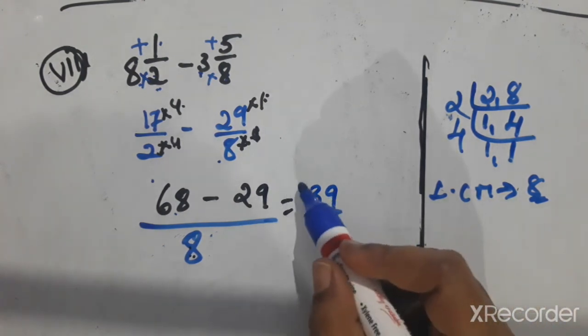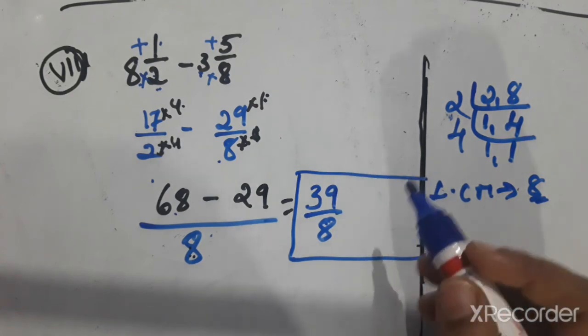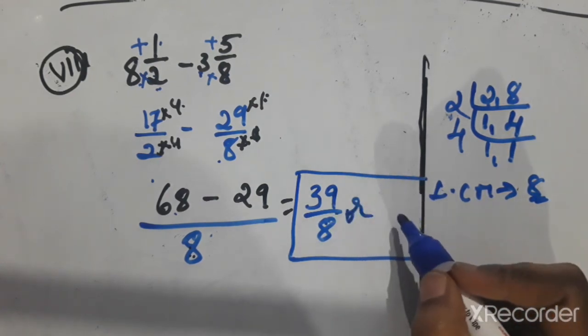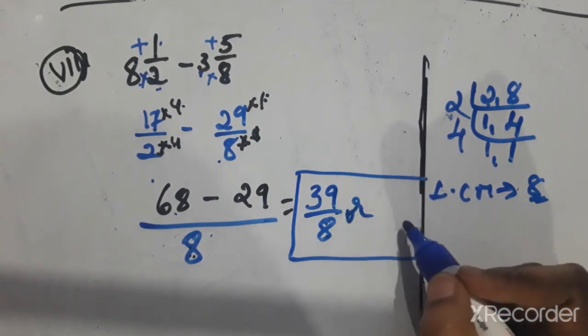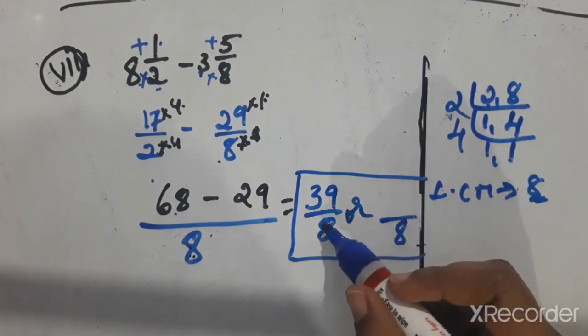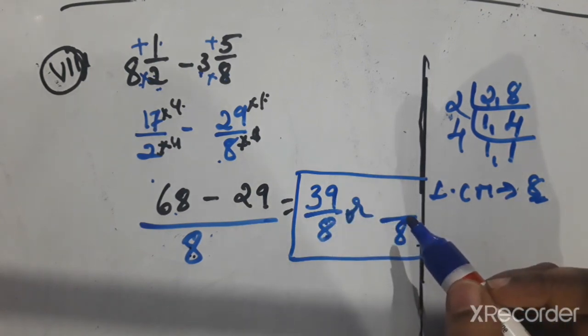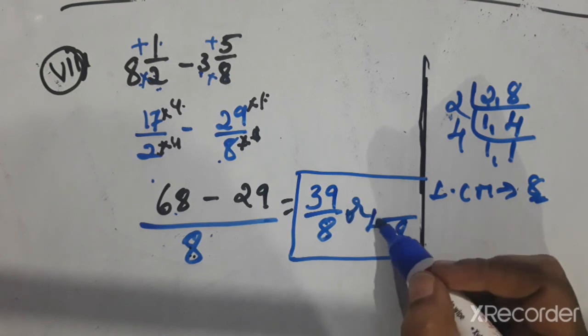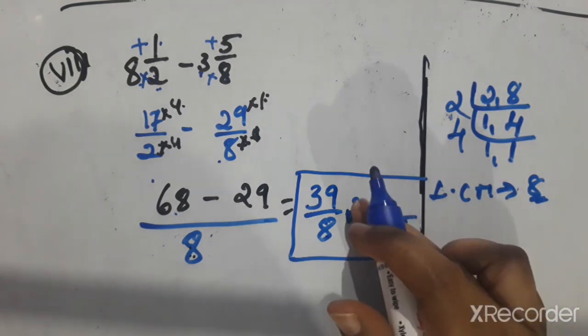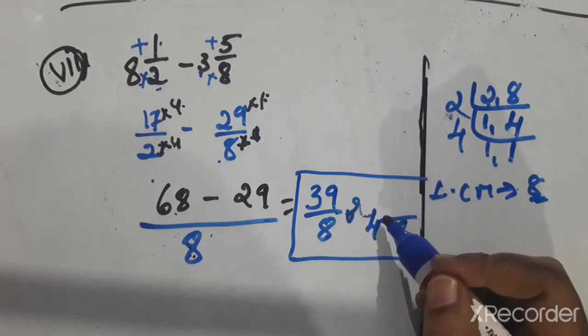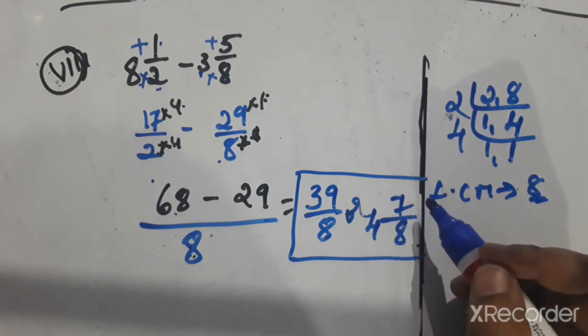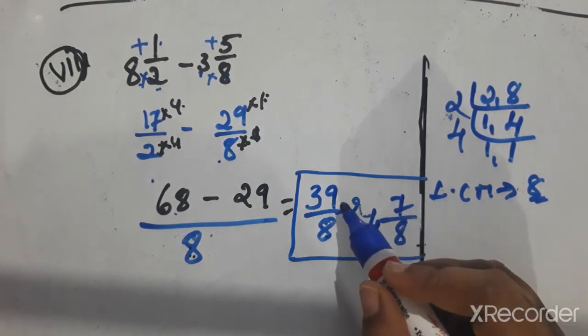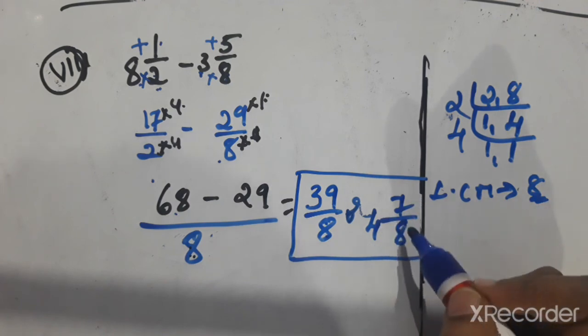Here we can stop the answer, or we can convert this into a mixed fraction. 8 as the denominator. 8 how much is nearer to 39? 8 fours are 32, and 32 plus 7 is 39. So the answer is 39 by 8 or 4 and 7 by 8.